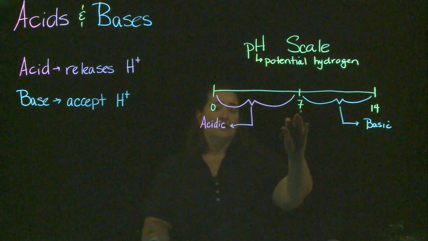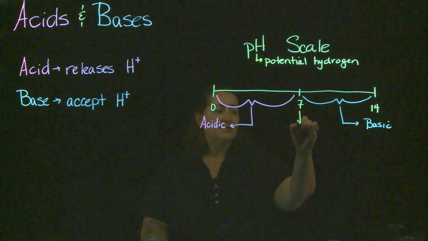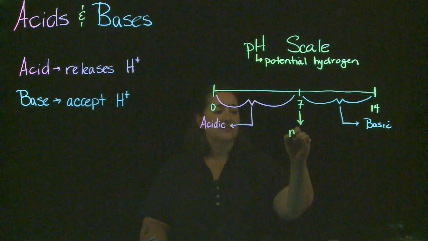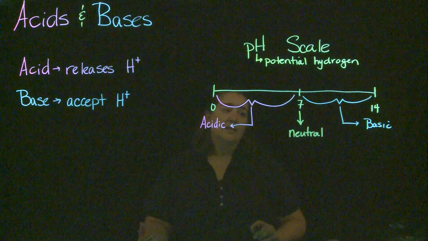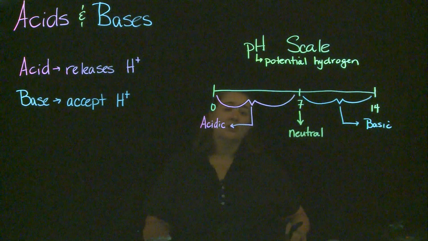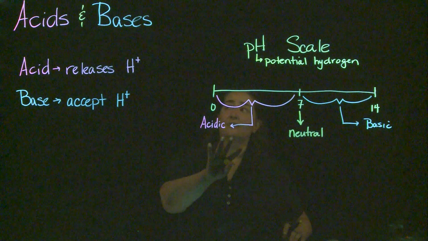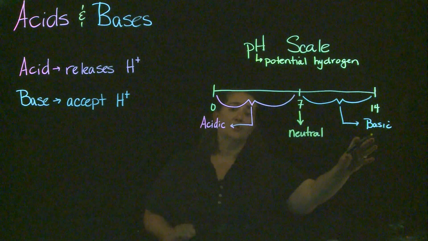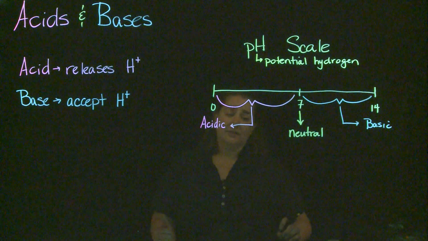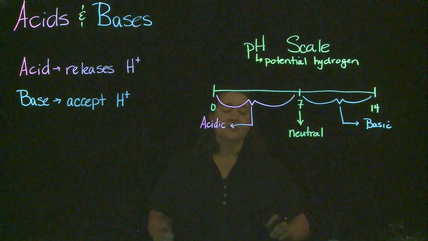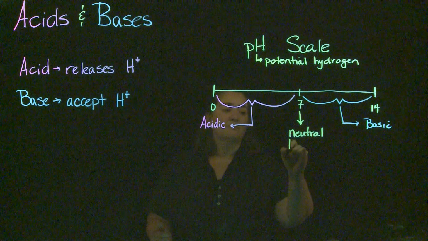All right. If you noticed, I did this in reference to 7. 7 is considered neutral. All right. At pH 7, you have an equal amount of hydrogen released, equal amount that's taken back up. So as far as that balance goes, 7's neutral, all right.